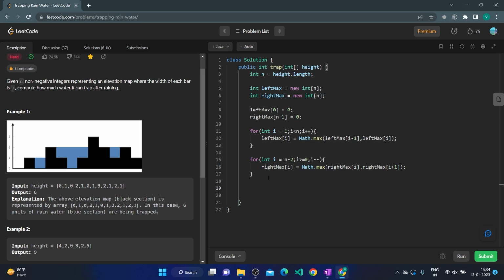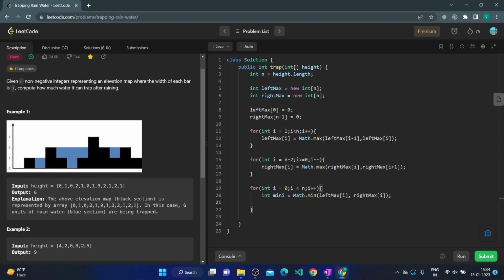Now we will just traverse through all the elements and check the minimum of the left and right bar, and we will subtract the height of the building at that position, which is the height of the bar. Okay, so let's traverse this array. Now here, let's check the minimum among the left and right bar. Okay, so the mini would be Math.min of the left max at this position and the right max at this position, which is the ith position.